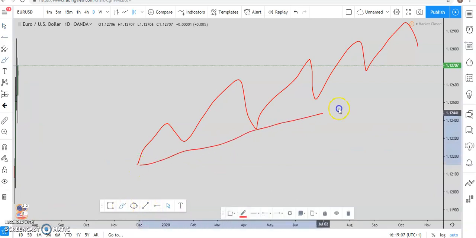I can draw this. This is what you need to know: the wick of the candlesticks. Let's say this is a candlestick. This is a candlestick, and then this is a wick, and then also a wick down here. So let's assume this is a wick of a candlestick, and then a wick also here.